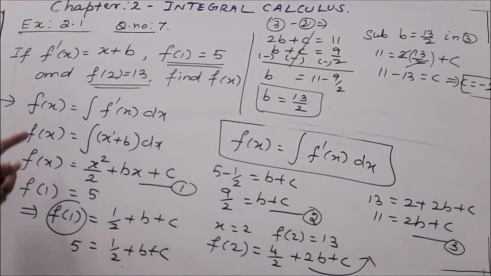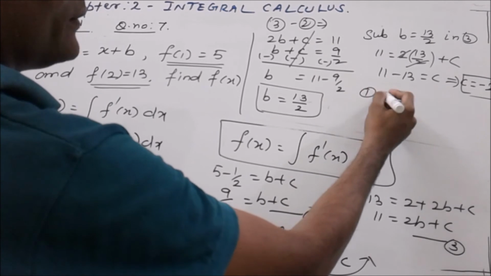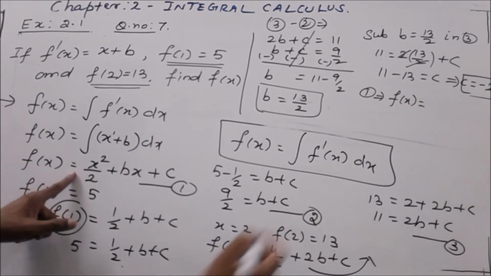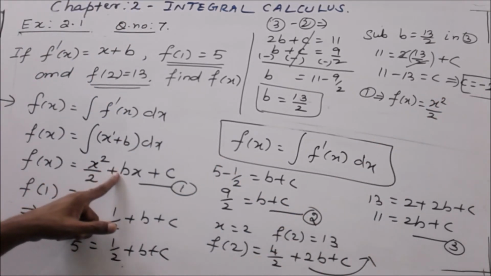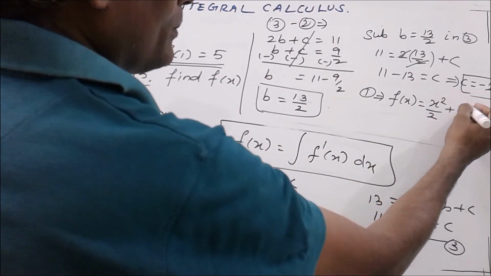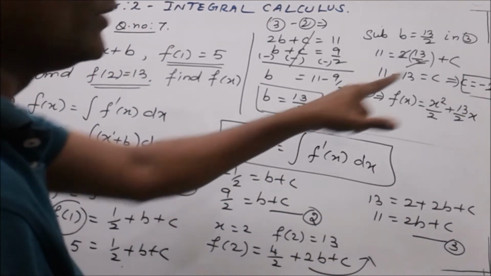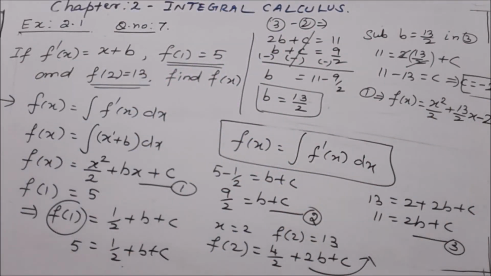Substituting b and c in equation number 1, the required function f of x is equal to x square by 2 plus bx, that is 13 by 2 x, plus the constant of integration c. The value of c is minus 2. So the required function f of x is equal to x square by 2 plus 13 by 2 x minus 2.